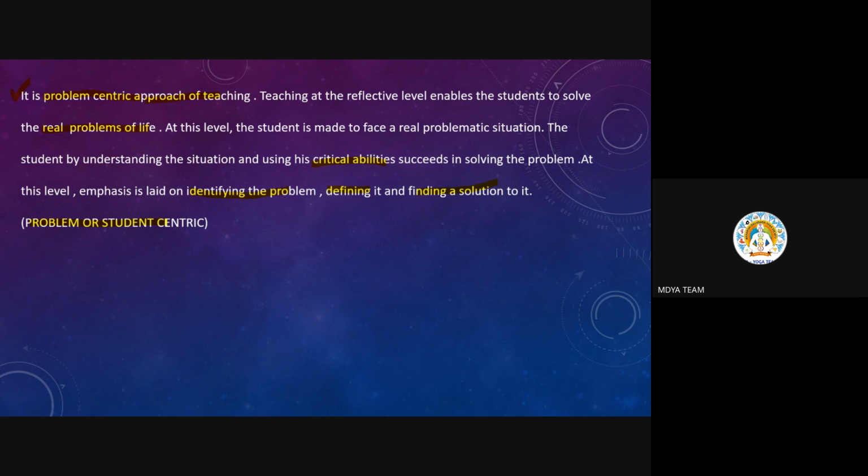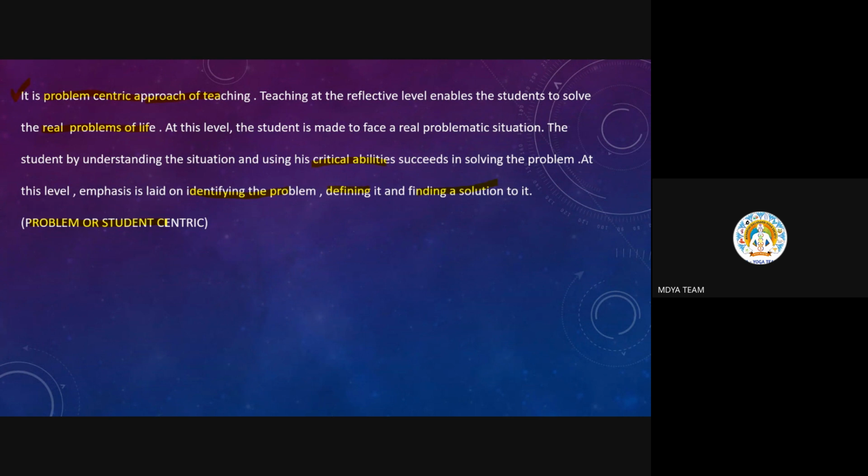Consider the example of PhD. Suppose you are doing your research on a particular topic, a topic that is novel, that is unique. So you will solve the problem by yourself. You are critically analyzing the things that are helping you and that are not. So this type of thing will come under the reflective level of teaching.